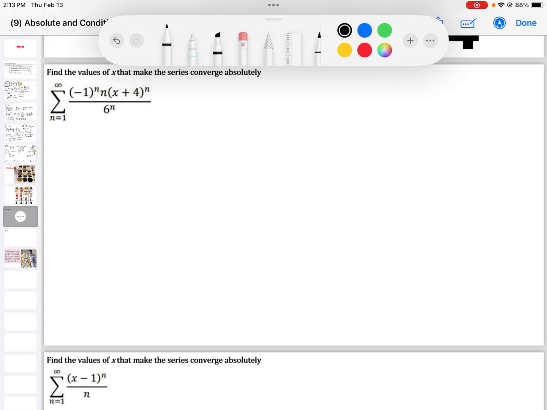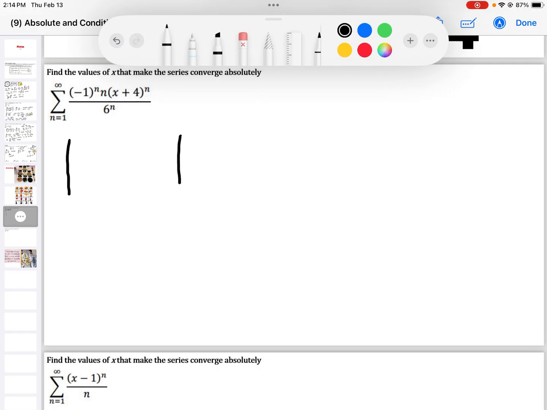All right, these last two are a little tricky, and I'll explain it the best I can. It says, find the values of x that make the series converge absolutely. So we want to make this converge absolutely, and what we're going to use is the ratio test.